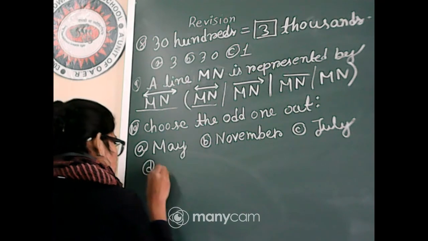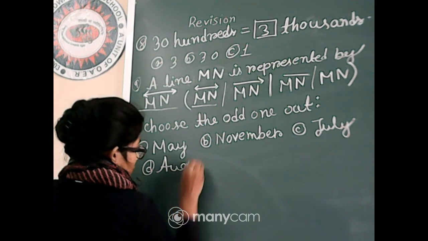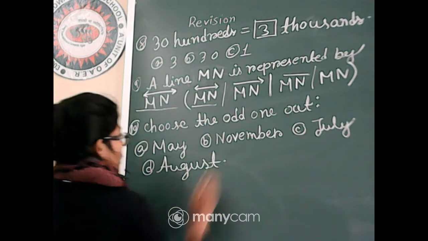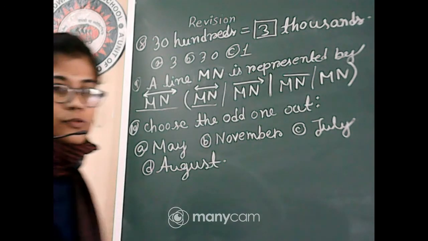Number D is August. Among those four, which one is the odd one?